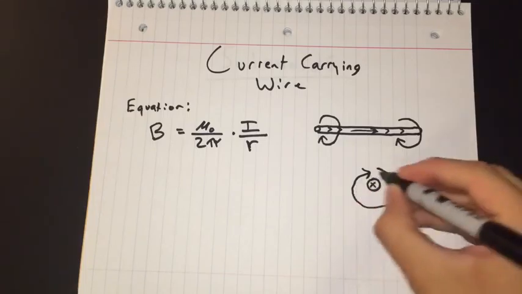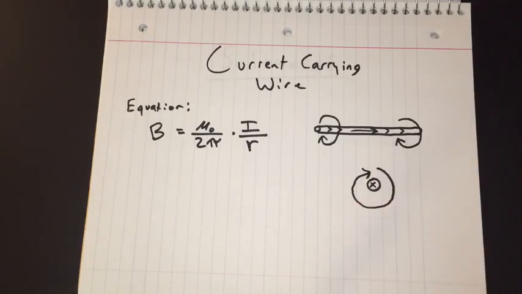So now that we know the direction of the magnetic field, or the B field, now we may want to know how strong it is, or how well it can affect something that enters the magnetic field.